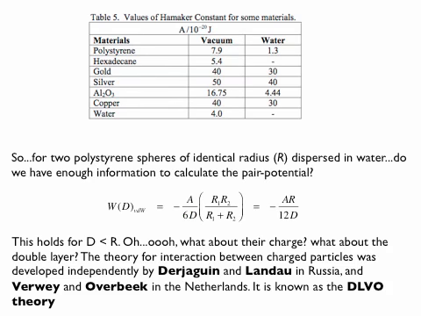So again, here you see a few more, in vacuum and in water. And here is a very interesting concept. Here dispersed in water, if it's a polystyrene particle, your Hamaker constant is 1.3 times 10 to the power minus 20 joules. If you make the same particle of the same size of gold, it's 30.